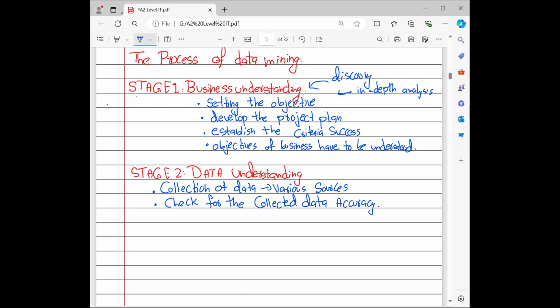So you also need to check for your data authenticity, that means how much you can rely on that data or not.